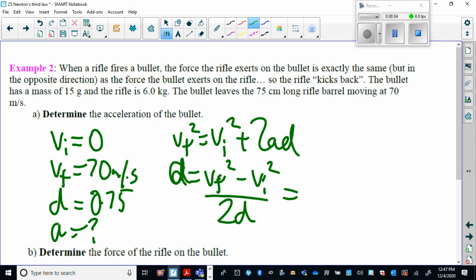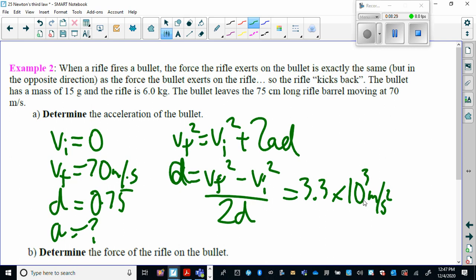That is going to give you an acceleration of 3.3 times 10 to the 3 meters per second squared. So we're talking about a bullet, they accelerate very, very quickly. Well, the magnitude of the acceleration is very great.